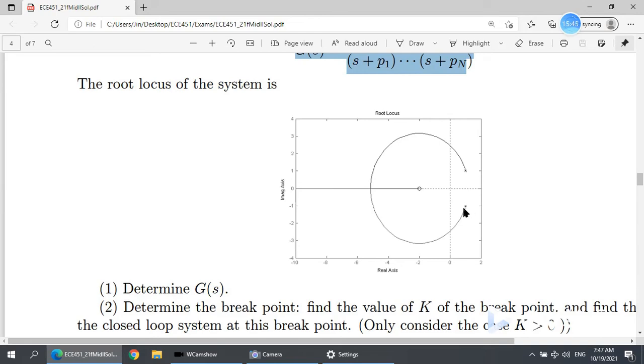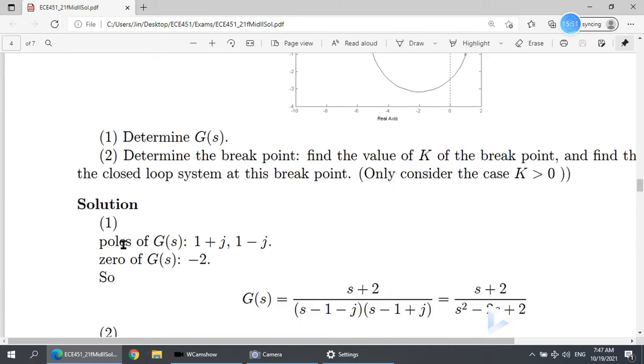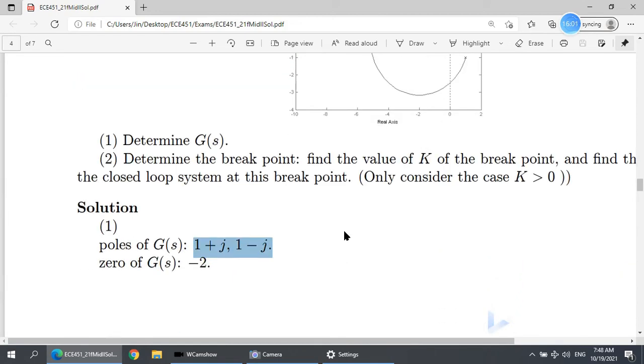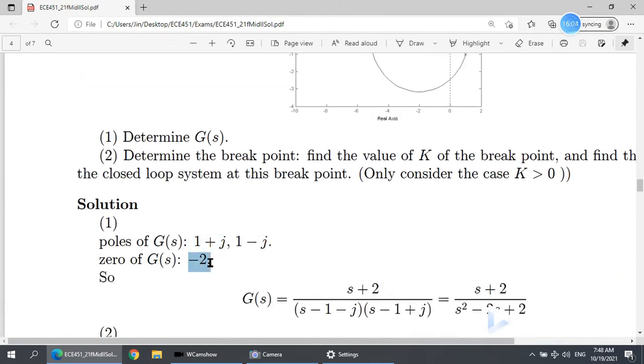The other one is in the opposite location, there will be 1 minus j. So we have poles 1 plus j and 1 minus j. And here is a zero. The zero is at location -2, right? -2. So the zero is -2.